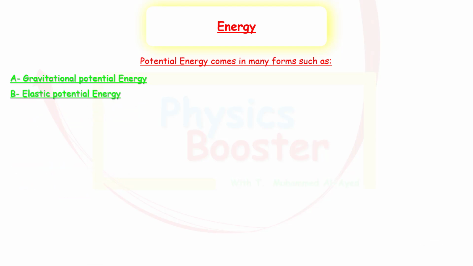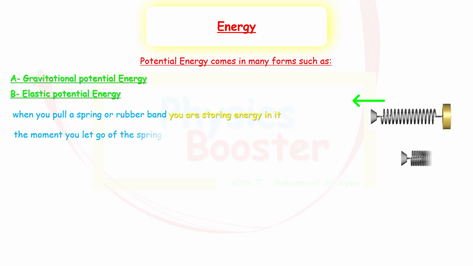The second form of energy is called the elastic potential energy. Well, when you pull a spring or a rubber band, you are storing energy inside it, but still we can't see this energy. What's the proof that this rubber band or this spring has energy inside it? Well, simply the moment you let go of the spring or the rubber band, it will move back to its original position. So the proof that this object has energy, it moved.